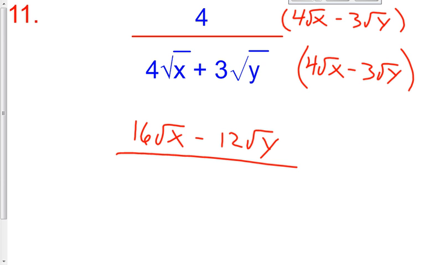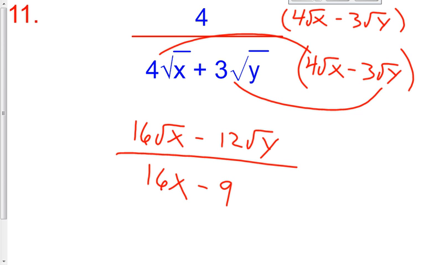In the denominator, 4 squared x times 4 squared x is 16x. Last times the last, because the middle two terms are going to cancel out, 3 times a negative 3 is a negative 9. Square root y times square root y is y.